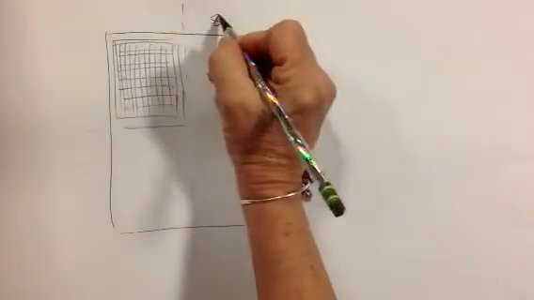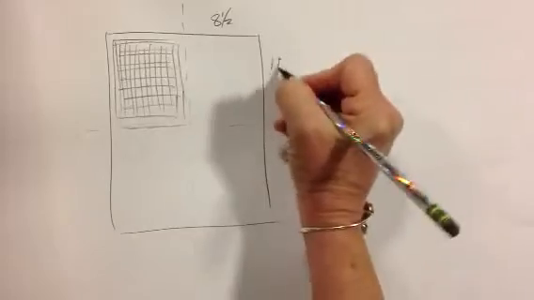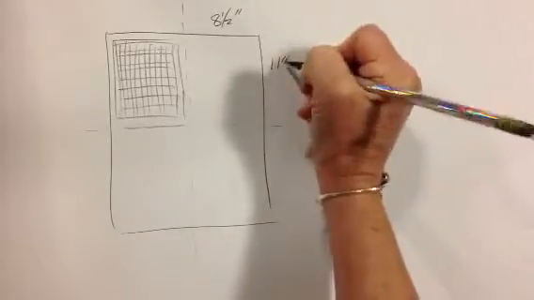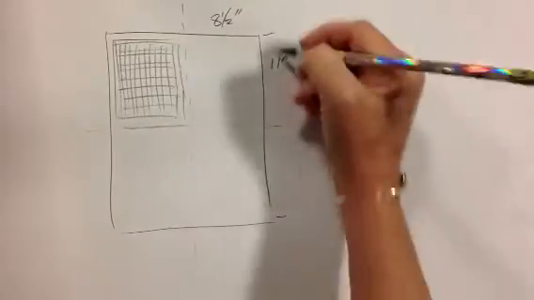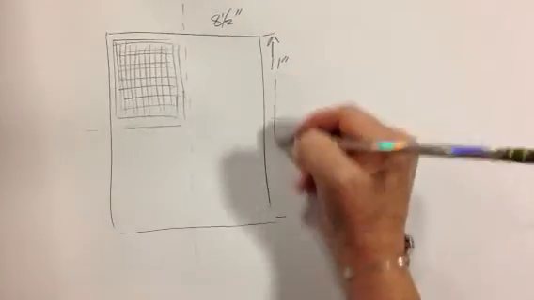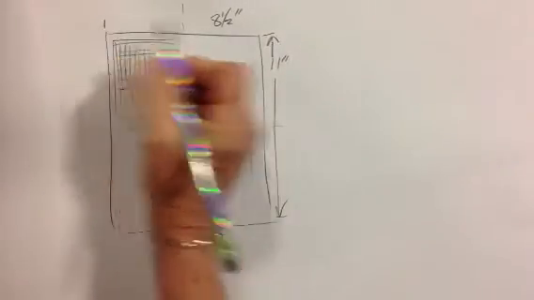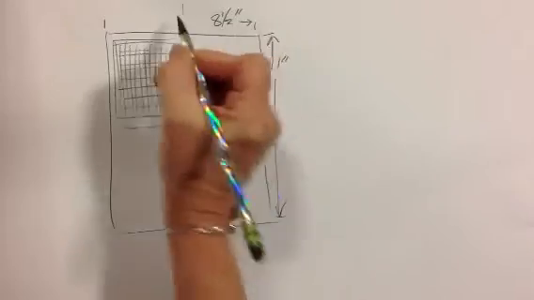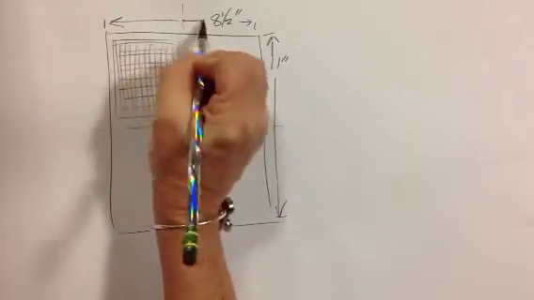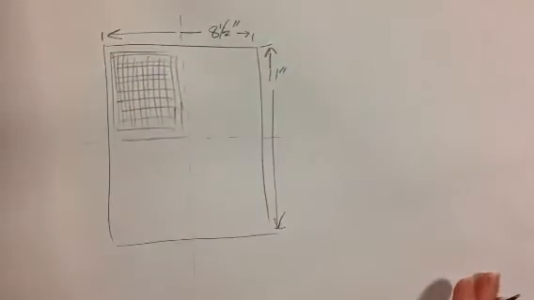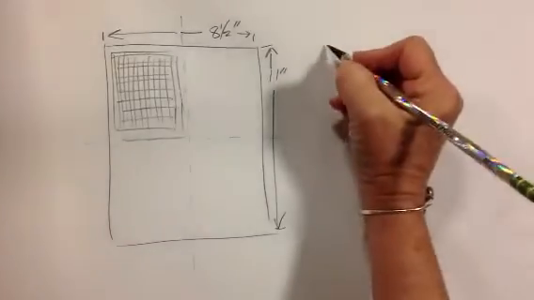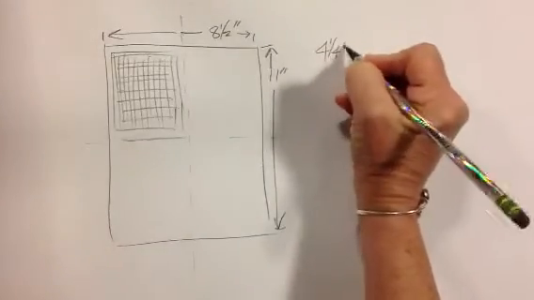Again, this is letter size paper, so it's 8.5 that way, 11 this way. From here to here is the 11, and from here to here is the 8.5. So that means all four quadrants are exactly 4 1/4 by 5 1/2.